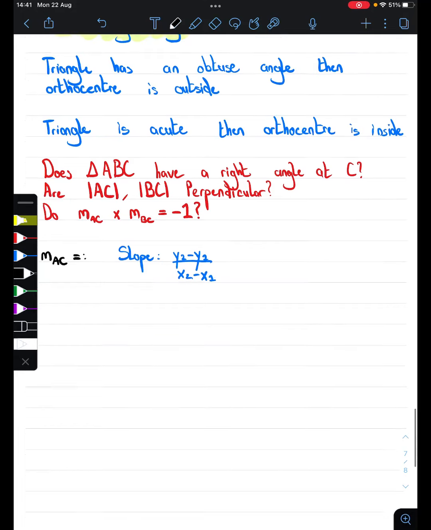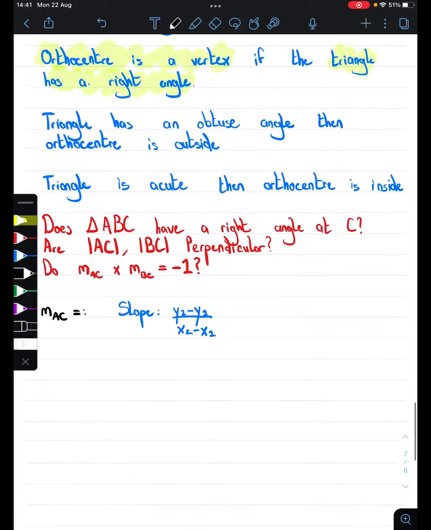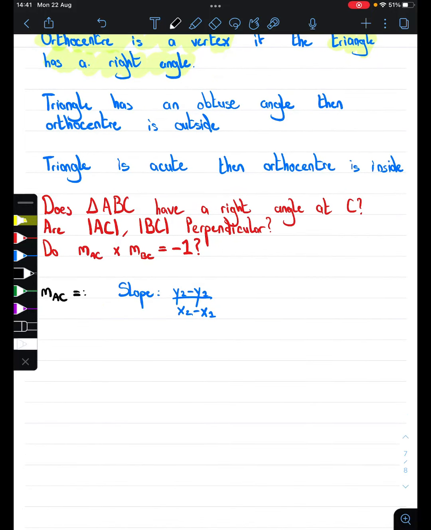So the slope of AC will be, let's let A be x1, y1, and let's let C be x2, y2.